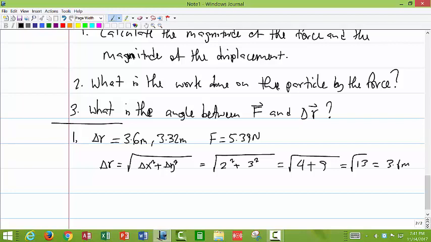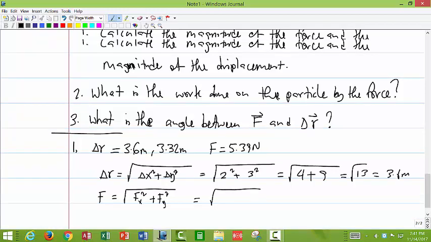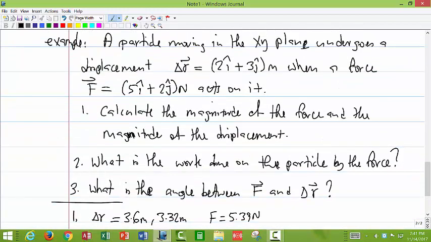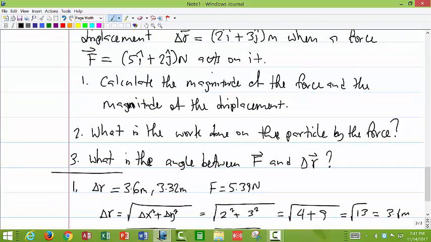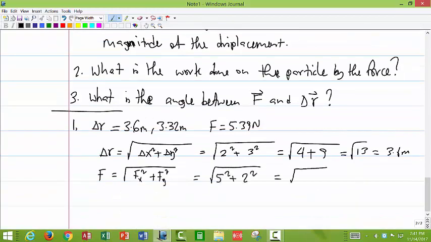And then for the magnitude of F, it's the same thing, the square root of Fx squared plus Fy squared. So it's going to be 5 squared plus 2 squared, square root of 29, and that's 5.39 newtons.